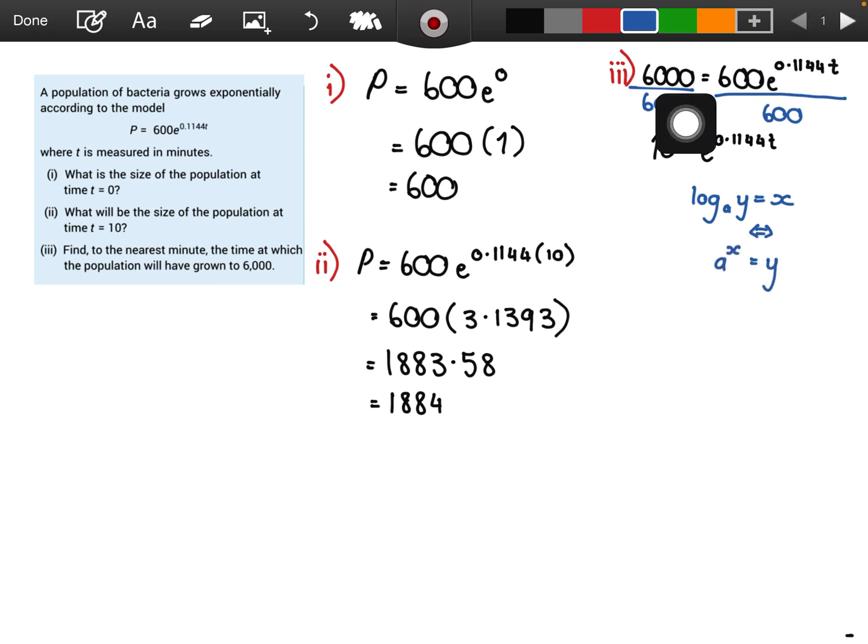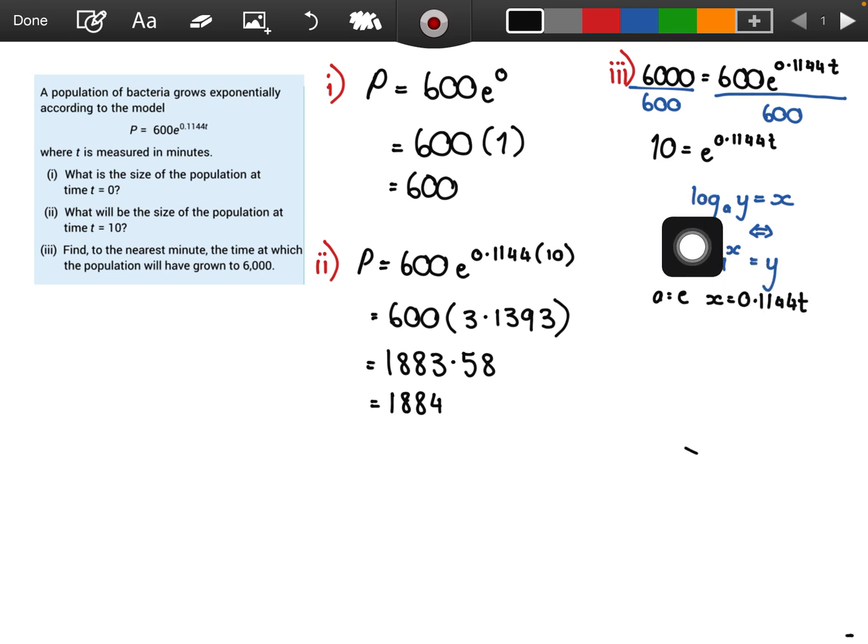So I am going to use this idea to rewrite this in log form. A is what's on the base of the power, so here A is going to be e. X, the power, is 0.1144t, and Y, what it's equal to, is 10. So use that to write this in log form.